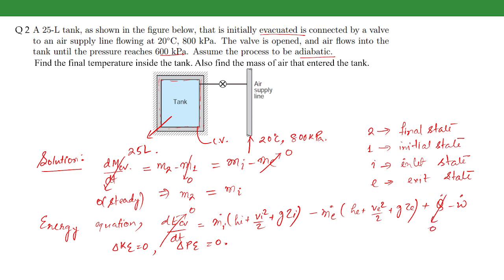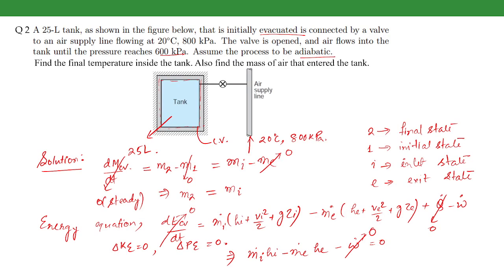Then we get mi hi minus me he minus W dot is equal to 0. But here no work is also done. This is not any piston cylinder arrangement or any stirring work. No work is done, so this is also 0.